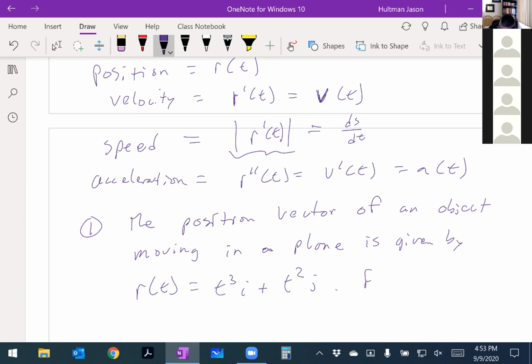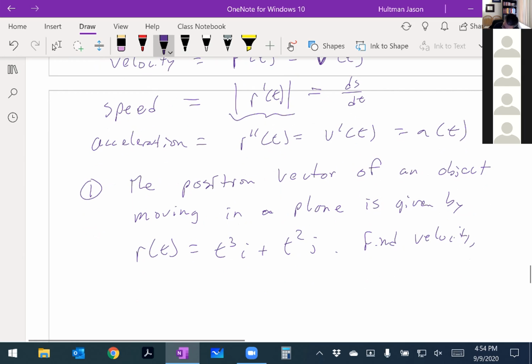Find velocity, speed, and acceleration when t is equal to 1.